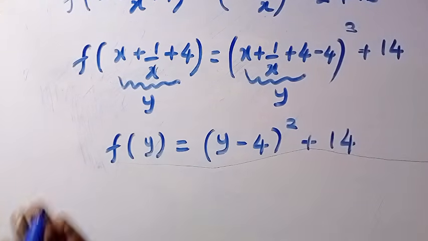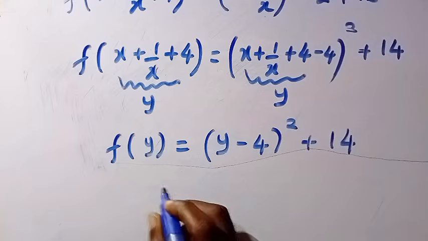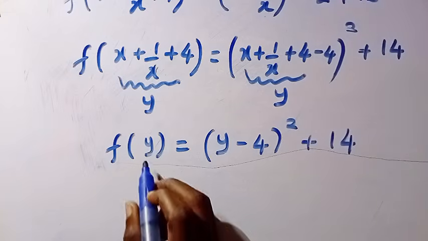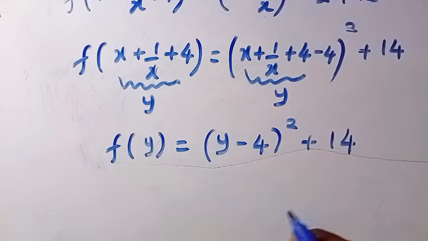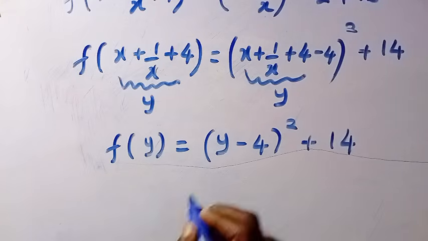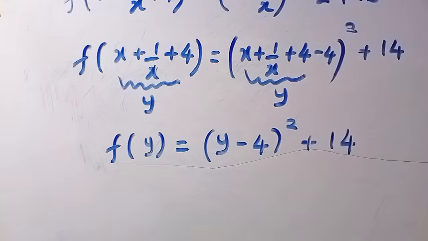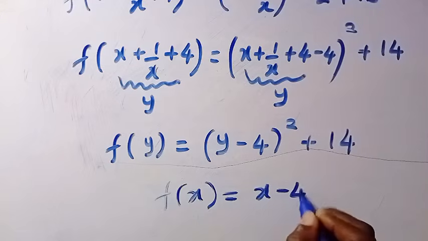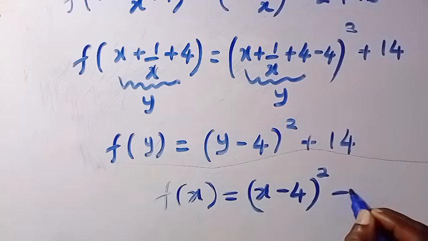Since I've successfully manipulated this, let's replace y with x, or we can also leave it as y. But to make it uniform, we have f of x equals (x minus 4) raised to power 2 plus 14.